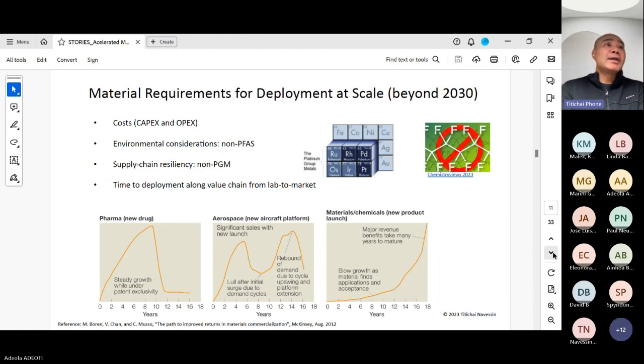I alluded to earlier that the use of platinum group metals is quite price prohibitive. In addition, with environmental concerns around mining of those types of materials, it will be increasingly more constrained on that part. So supply chain will be somewhat more difficult to navigate. The cost overall, both capital investment, upfront CapEx, and the ongoing operating costs, needs to come down for a given technology to be able to deploy at scale.